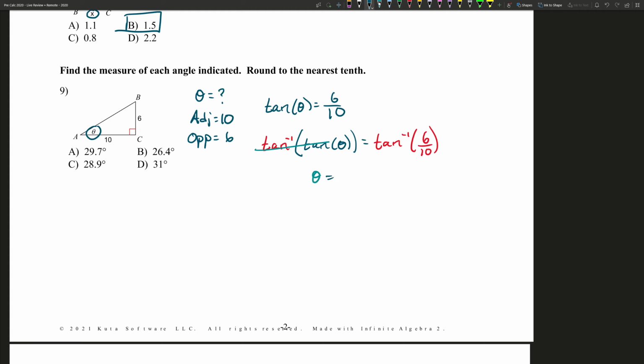And then that will be equal to the inverse tangent of 6/10. Again, you go to your calculator, you hit second, and then tangent. Type in 6 divided by 10, and that gives you 30.96 degrees, which just rounds to 31. So D is our answer.